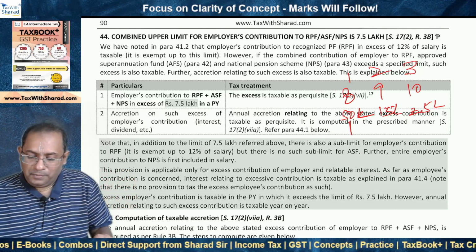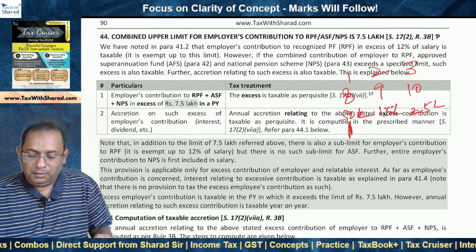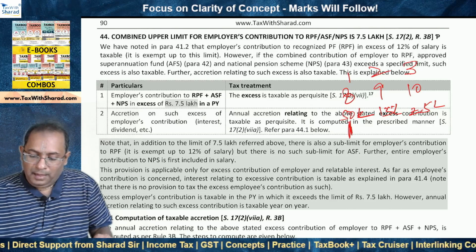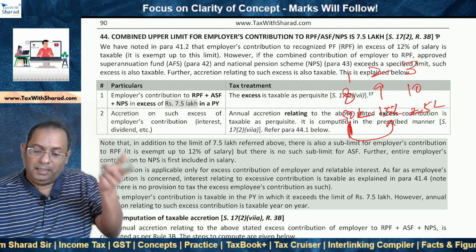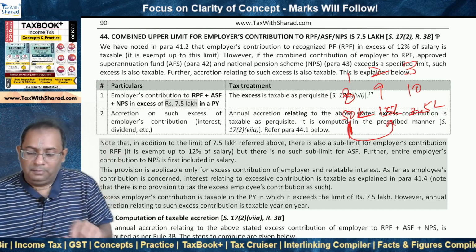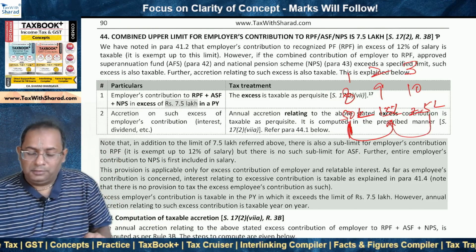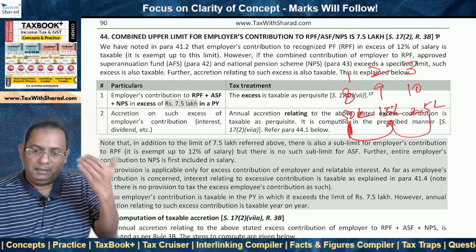Now this interest on 50,000 will become taxable, okay, and then this interest will get added to the balance, and then there will be interest on that interest. Now that interest will also become taxable, and then again the interest will keep growing and the interest will again become taxable.